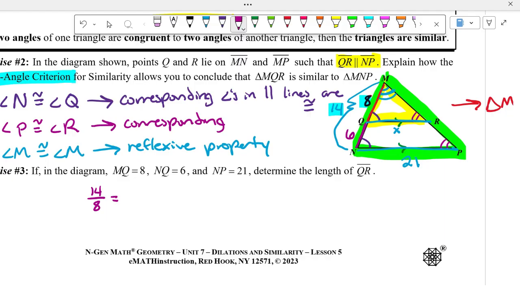Now, the other two corresponding sides are X and 21. This is where it matters, because remember, we've got to match up the triangle to the triangle. So what should be in my numerator, 21 or X?